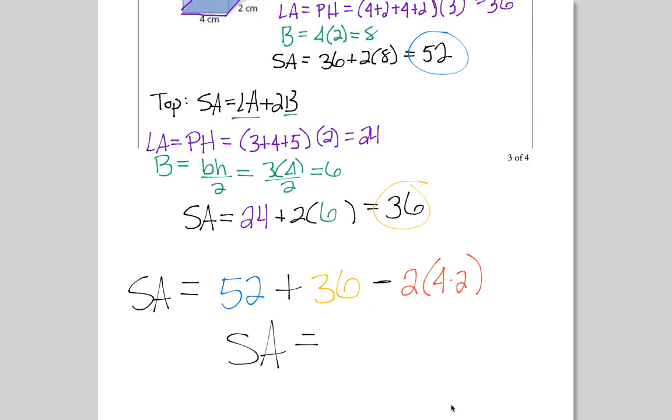So we always need to subtract out twice where these shapes are glued together. So 52 plus 36 minus 8 minus 8. So minus 16 gives us 72 square centimeters.